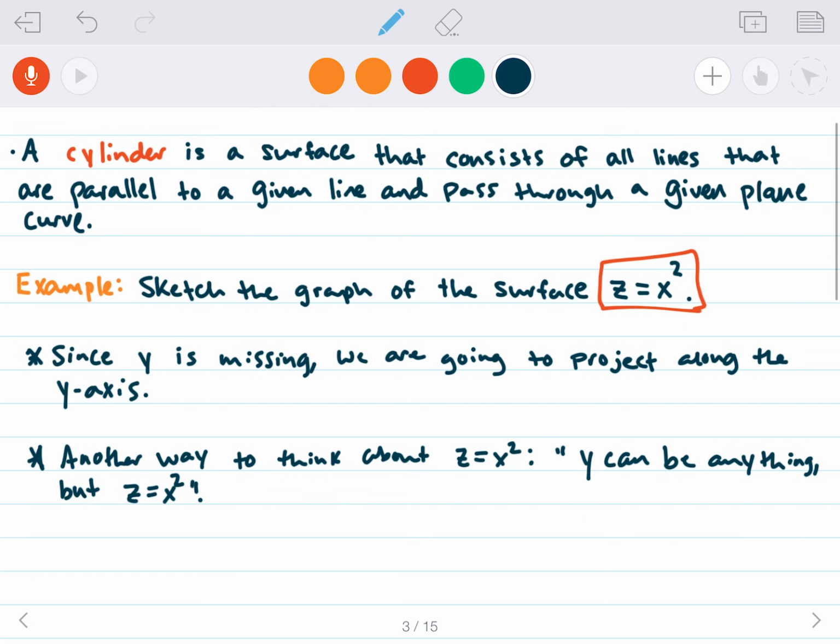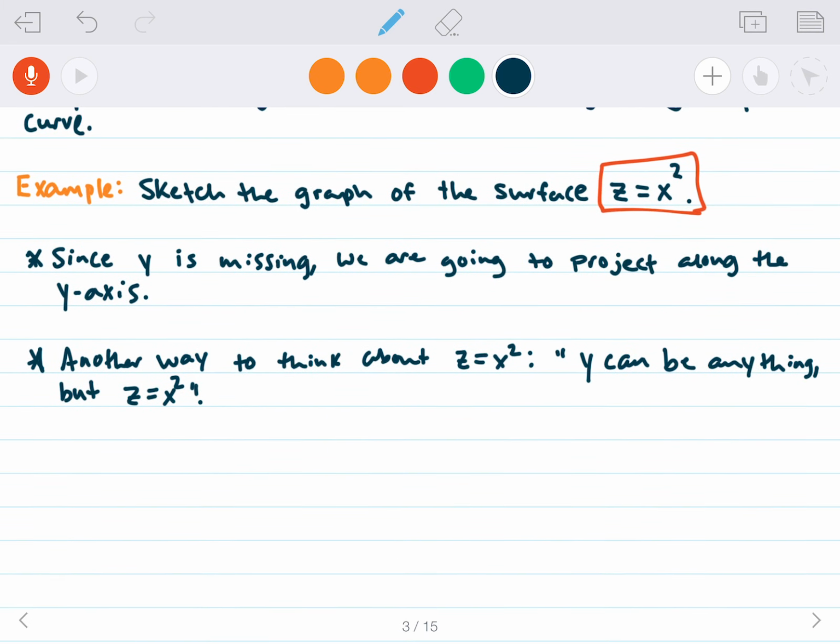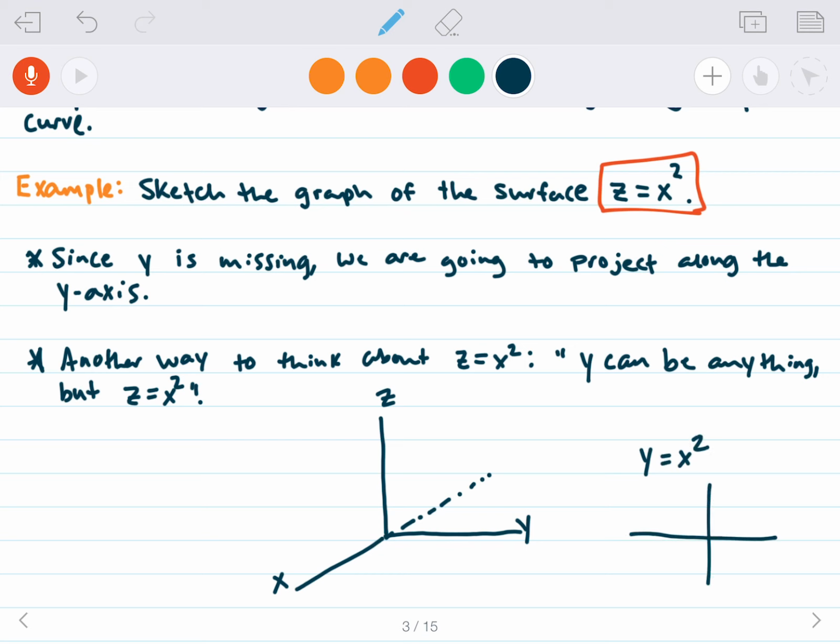Let me go ahead and draw my 3D plane right here. Okay, so this is my x, z, and y. And maybe we can extend the x out a little bit like that. Okay, so remember the graph y equals x squared. We all know what this looks like. In algebra, we graphed it.